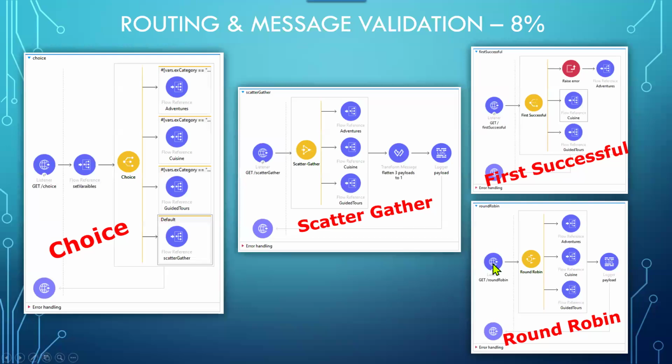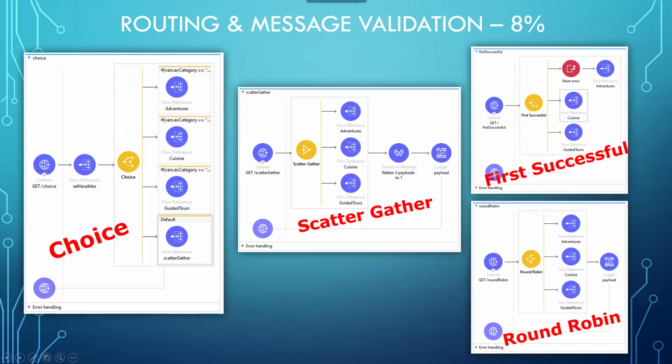The next request will come in, it's going to go to route 1 and finishes. Another request comes in, it goes to route 2, and likewise. A 4th request comes in and goes back to route 0. So it will consecutively go through route 0, route 1, for each request. That is how it behaves.